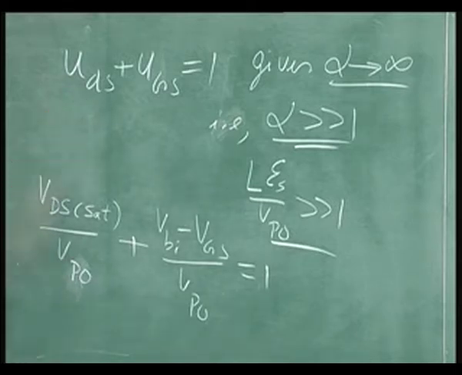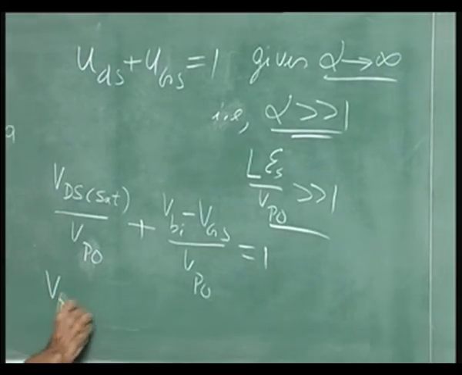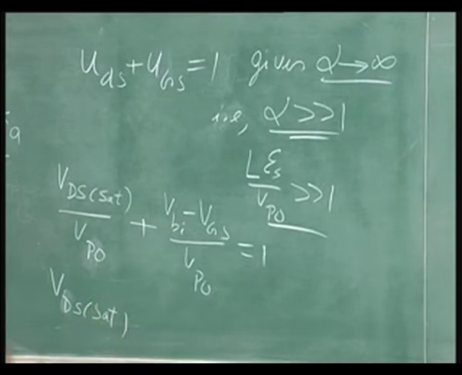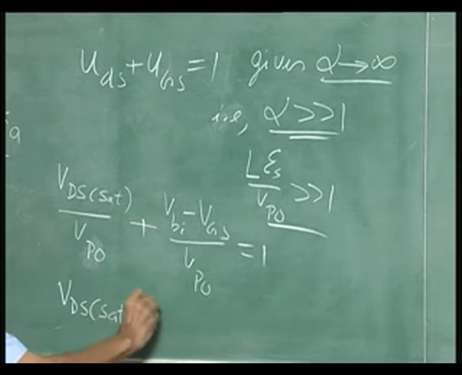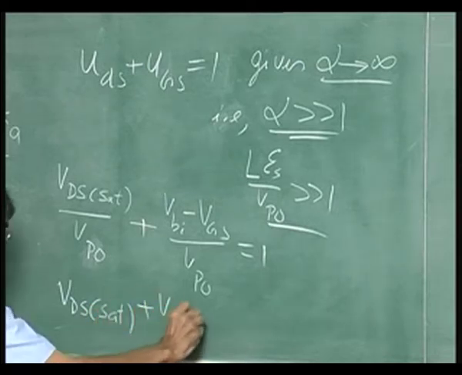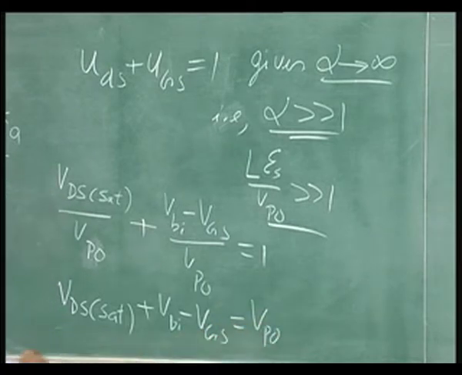So, this condition turns out to be VD sat plus VBI minus VGS equals VP 0. Okay?